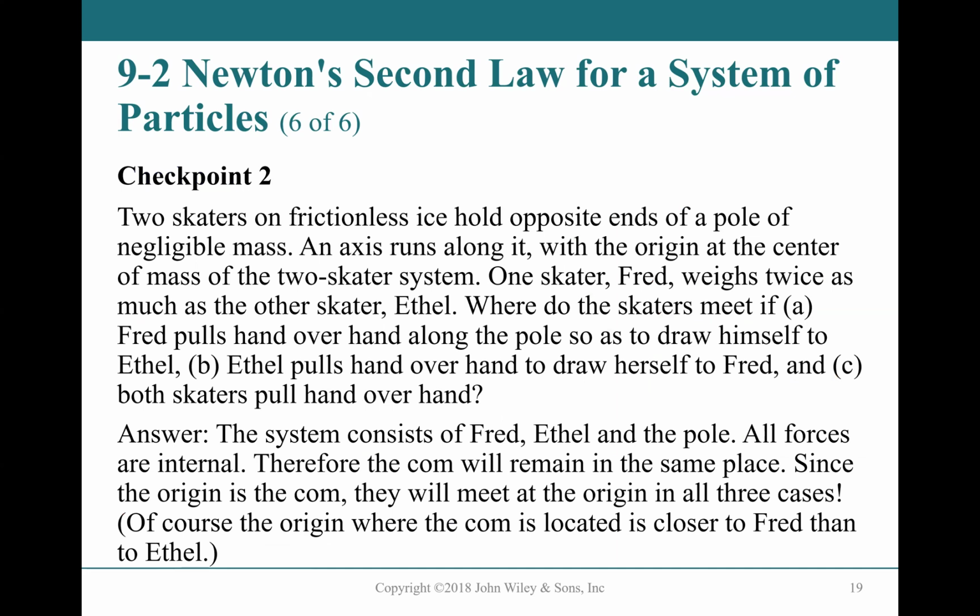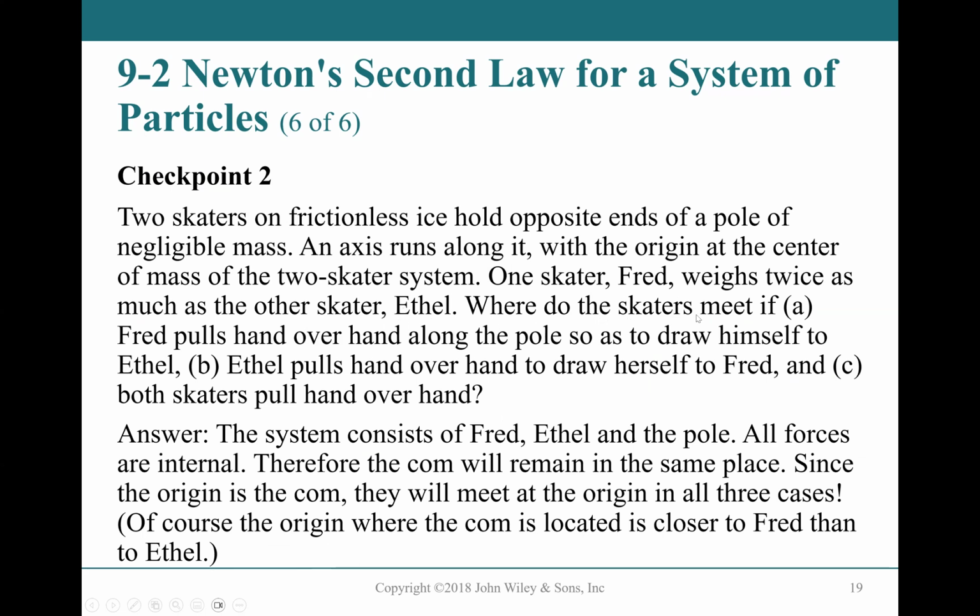Okay, now let's take a look at this example here. Two skaters on frictionless ice hold the opposite ends of a pole of negligible mass. An axis runs along it with the origin at the center of mass of the two skater system. One skater, Fred, weighs twice as much as another one, Ethan.